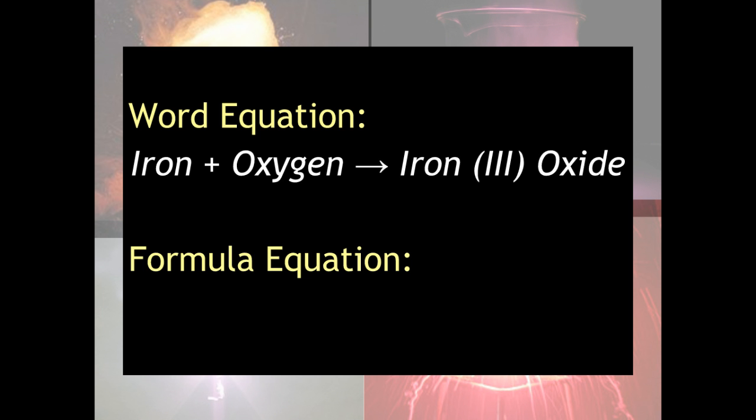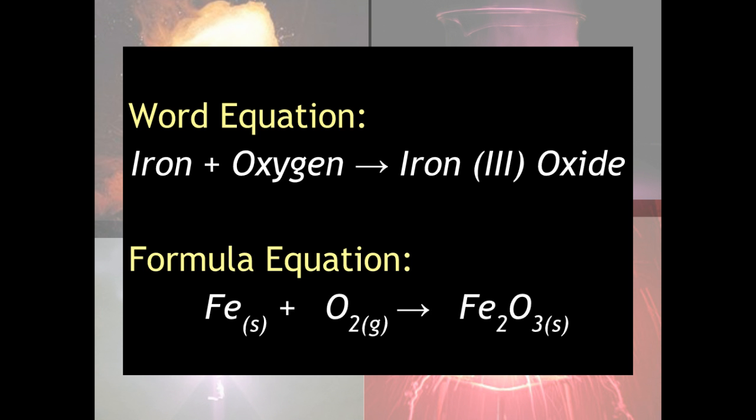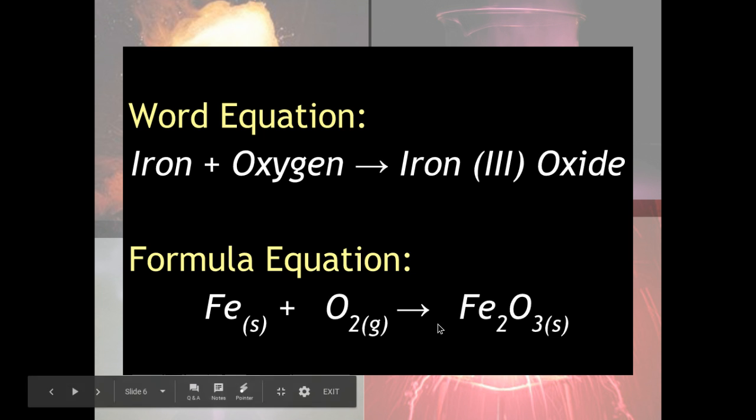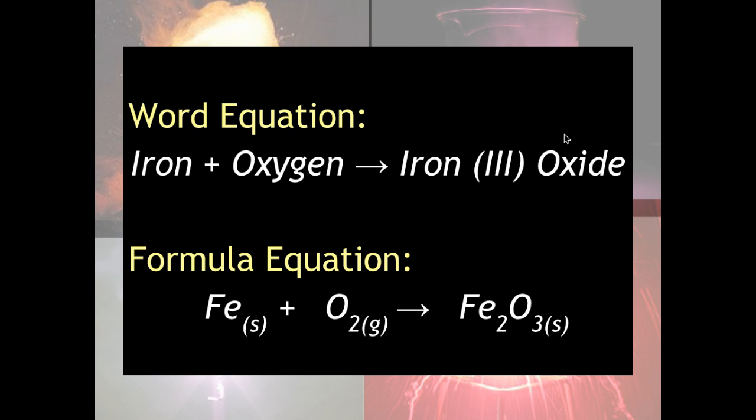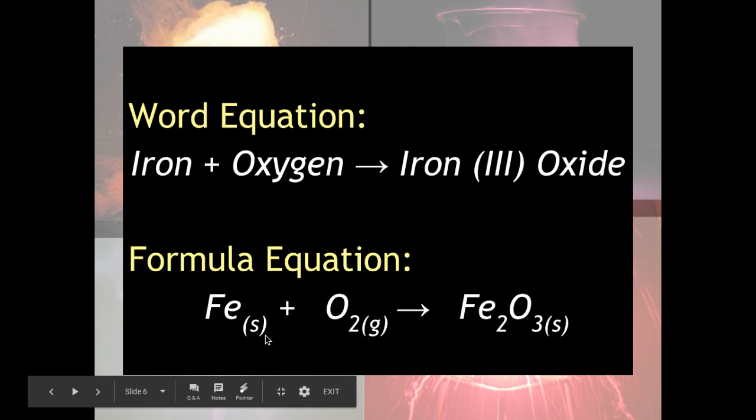Here's the formula equation. Iron plus oxygen, notice how it's O2, yields Fe2O3, or iron 3 oxide. Given this equation, you must give me the word equation. Given the word equation, you must give me the formula equation.